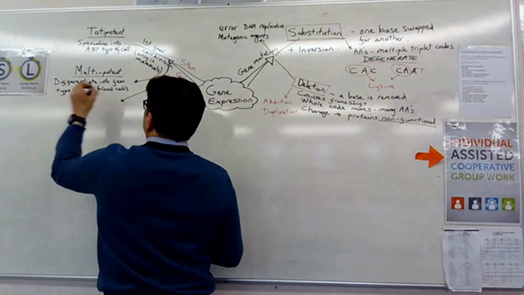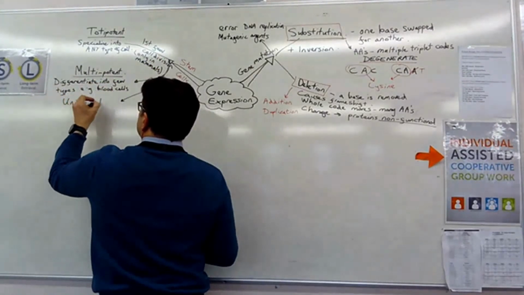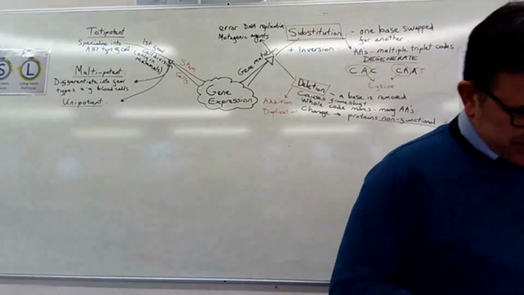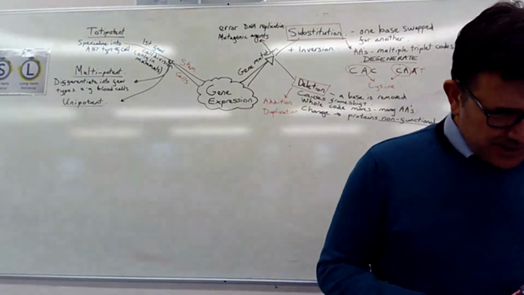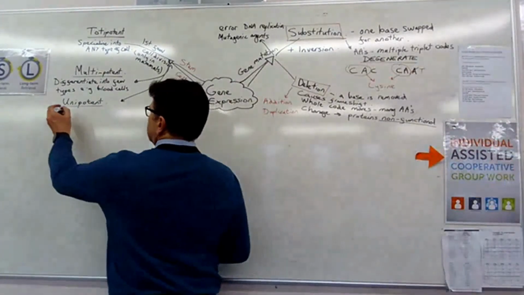And then the last one, we've got unipotent. It's interesting because they mentioned specifically a type of unipotent stem cell that I'm going to discuss in a minute. So cardiomyocytes.